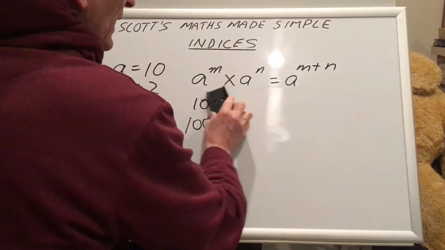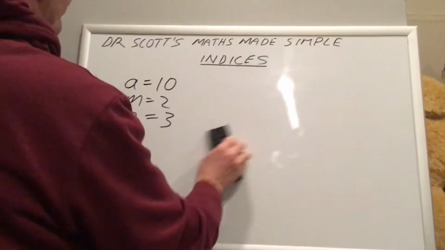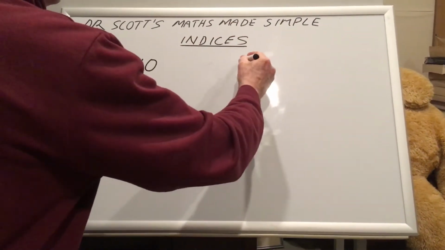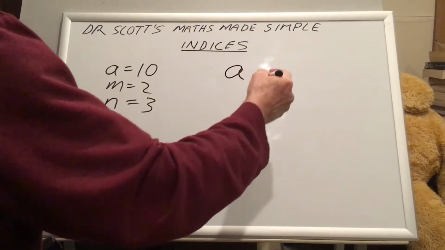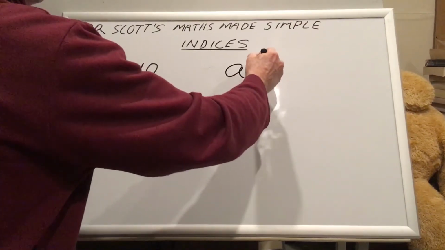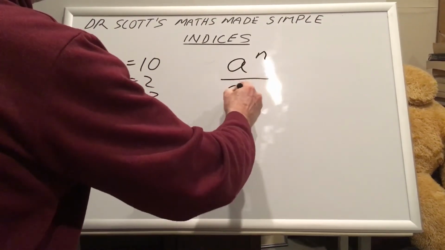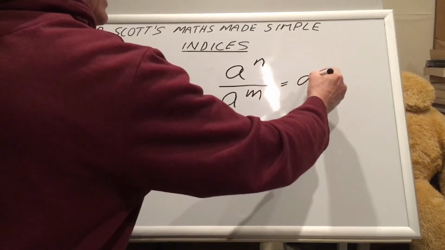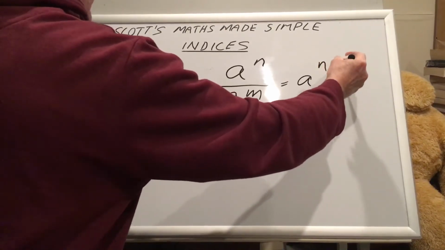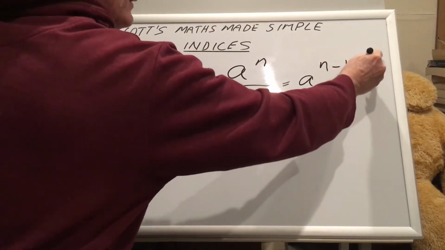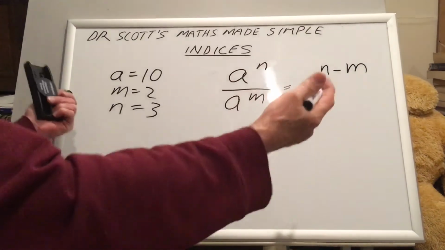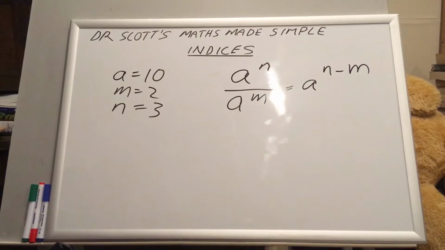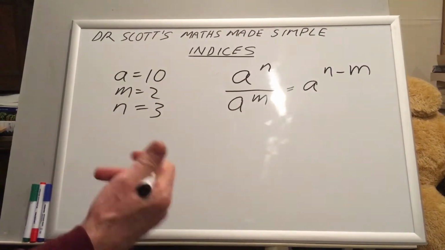Let me show you something else. What about the next thing you'll see in your textbooks, which is probably a to the n over a to the m equals a to the n minus m. Agreed? But once again, it's gobbledygook. So what if I were to say to you, I like porridge?